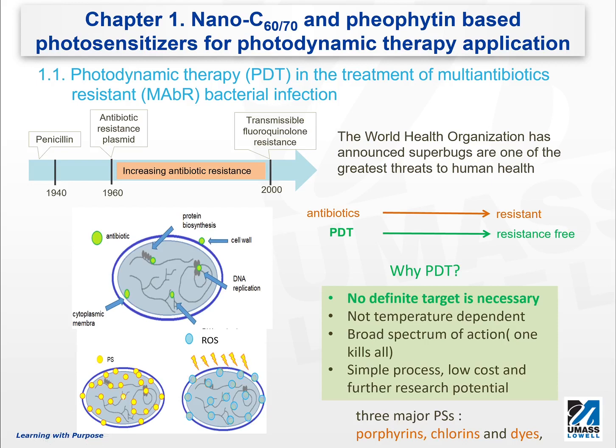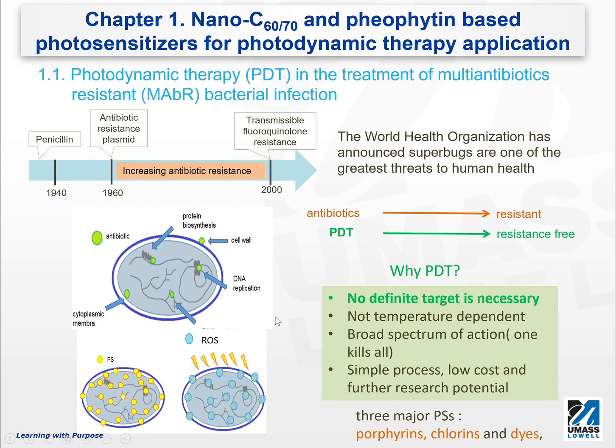So the advantage of photodynamic therapy is since they can bind anywhere on the cell, there's no definite target necessary for binding. So that means they have a broad spectrum of action. That means one type of photosensitizer might kill many different types of bacteria rather than one type of antibiotic specific for one type of bacteria.